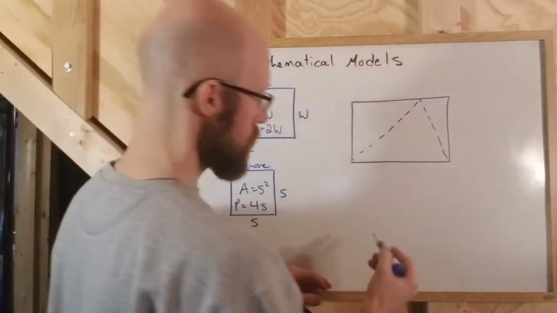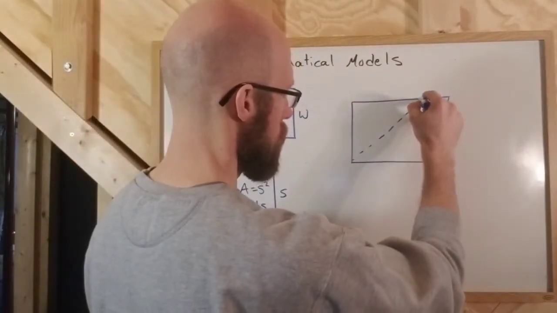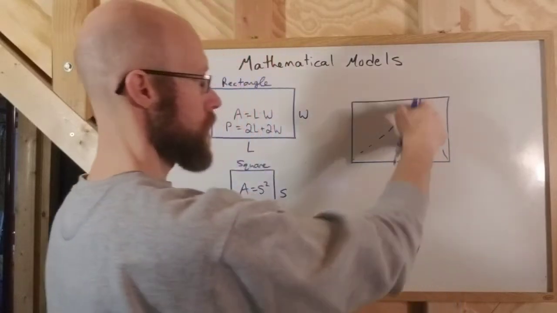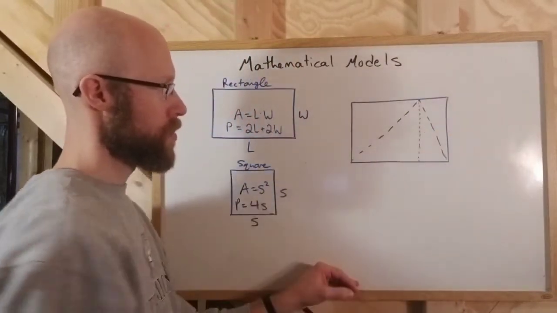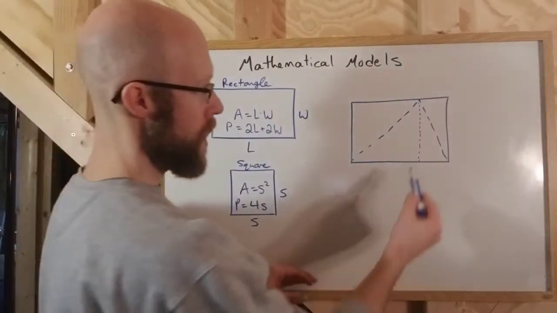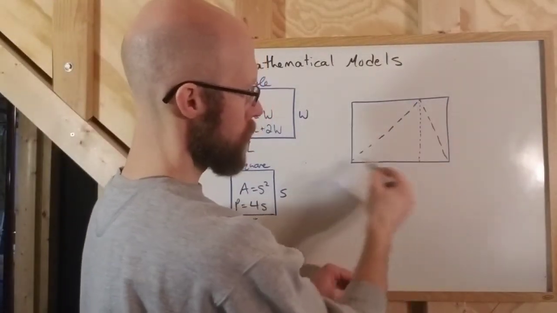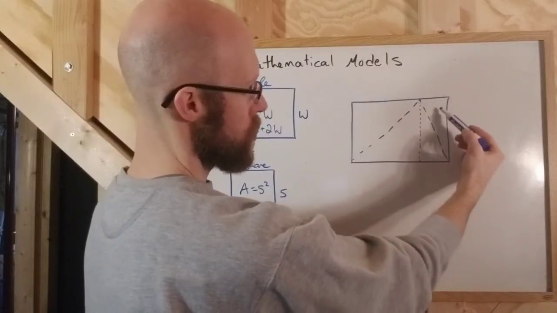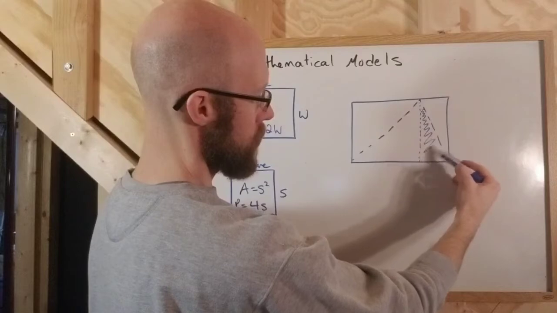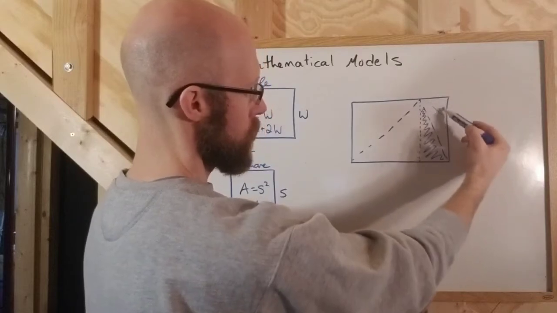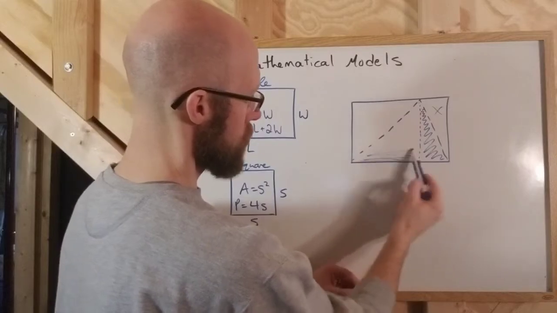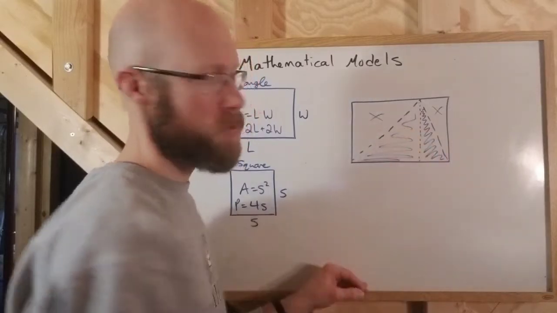Okay, and you can see that if I were to draw a line segment from the vertex parallel to the other two sides there, it splits this up, and so you have two smaller rectangles, half of which is inside the triangle and half of which is outside the triangle, right? And then over here, half of it is inside and half of it is outside.